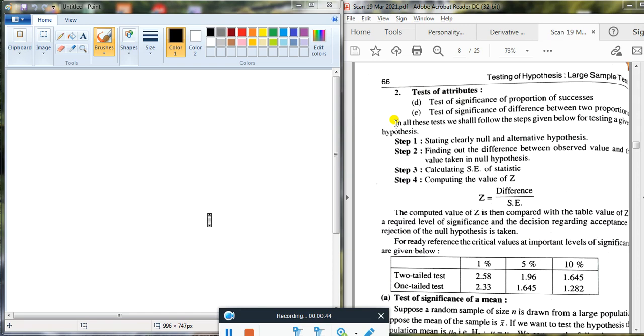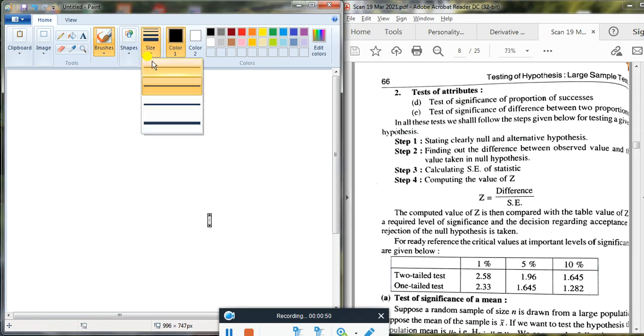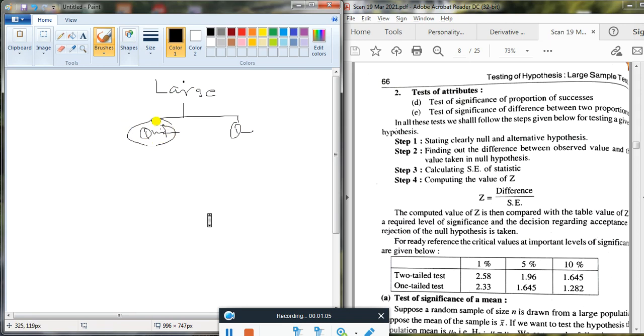So in the last sample we are having 5 tests, among which 3 are for the quantitative and 2 for the qualitative. Now in quantitative we are going to test a simple mean or population mean.